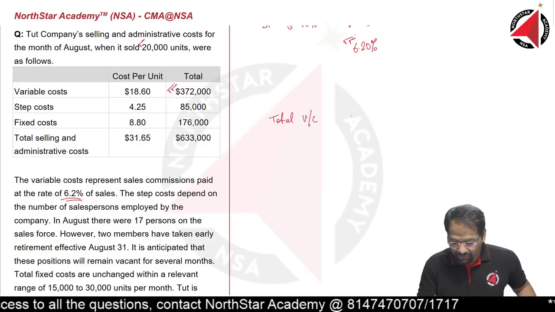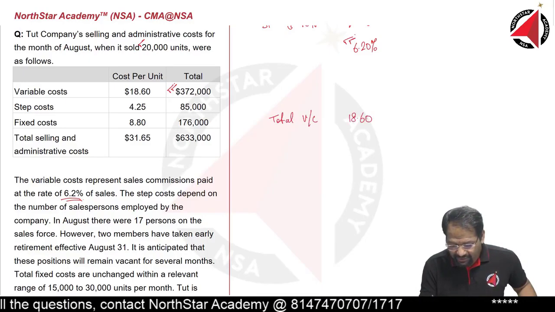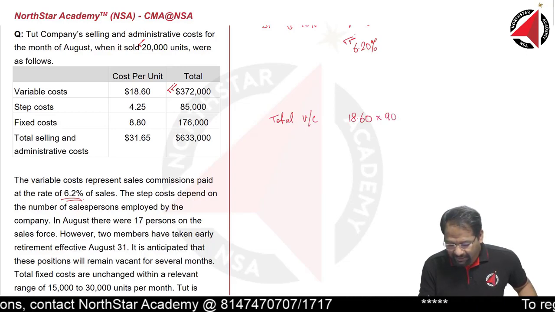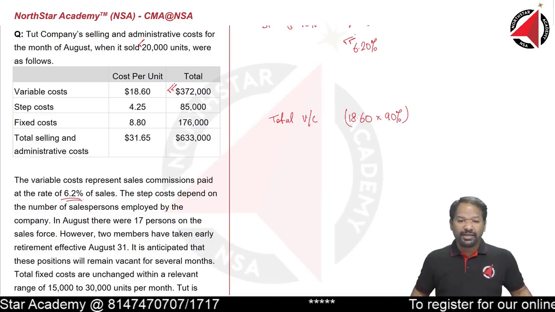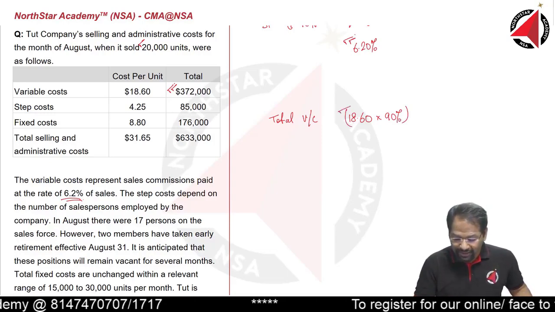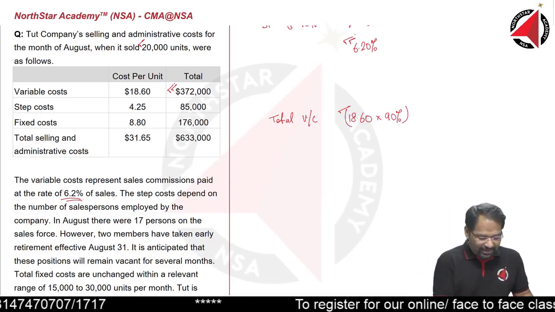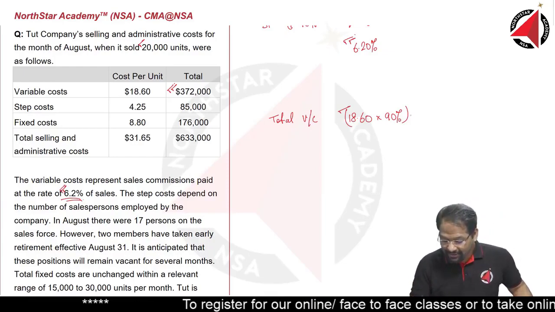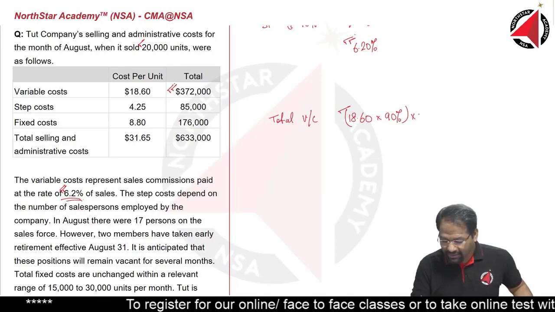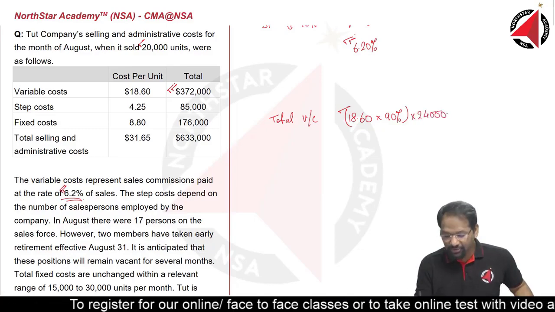Total variable cost would be 18.60 multiplied by 90%. Why 90%? Because selling price has decreased by 10%, variable cost should also decrease by 10%, then only it will remain 6.2% of sales. And this is per unit, multiplied by how many units? 24,000 units.